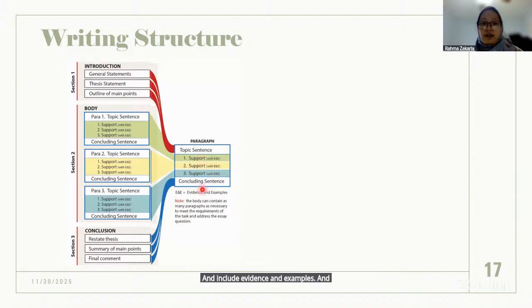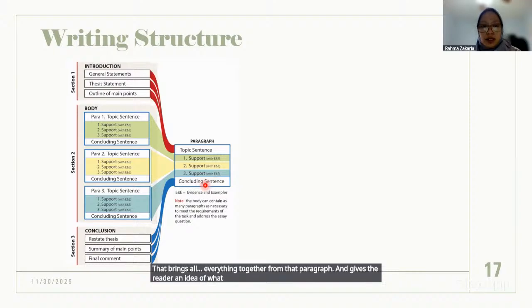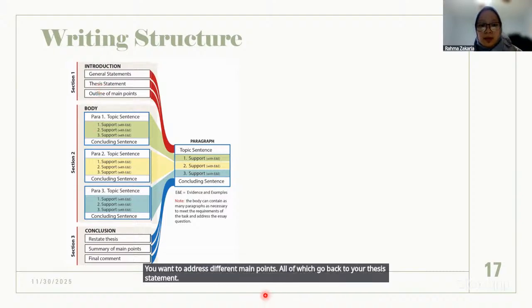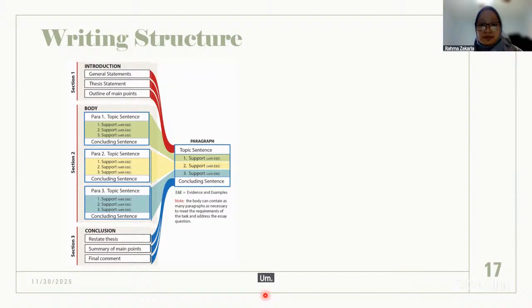And the paragraph will end with a concluding sentence that brings everything together from that paragraph and gives the reader an idea of what you're trying to say with your paragraph. Okay. And perhaps you'll have multiple paragraphs because you want to address different main points, all of which go back to your thesis statement and support it.